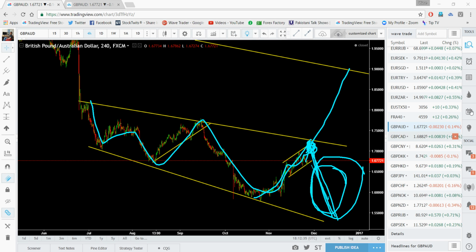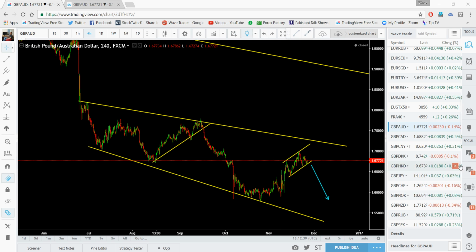All right, and if price does not form a lower low, then at least it can come up to this point, and then can test this and then go back again. So we will look at this point once price comes up to it.